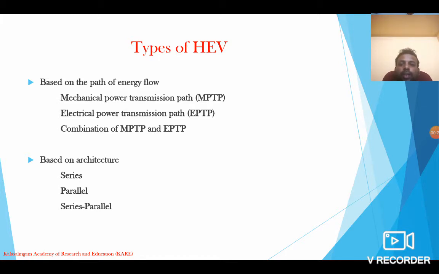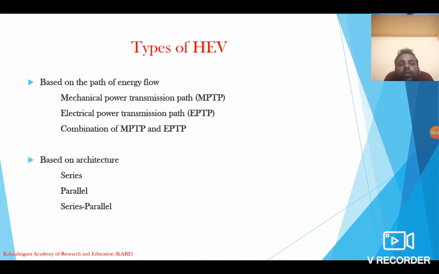So in general, the hybrid electrical vehicle is classified based on three subcategories, right? The first is classification based on the power flow path. In the hybrid electrical vehicle we are using two power sources. One is the IC engine, the second one is the electrical drive, right?